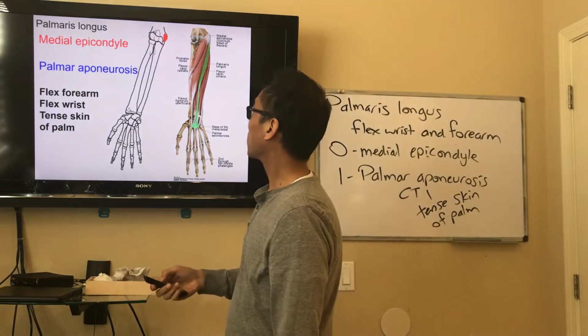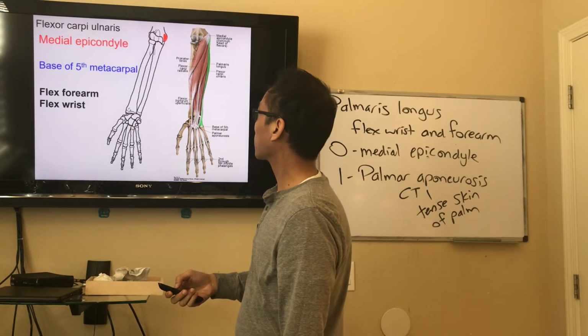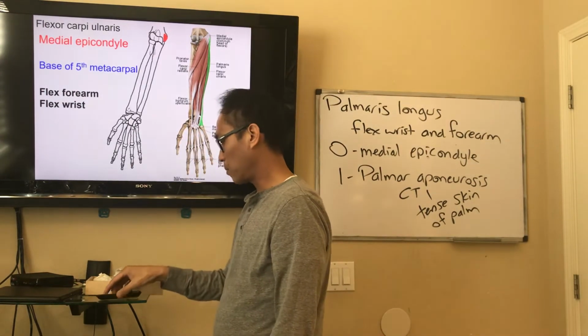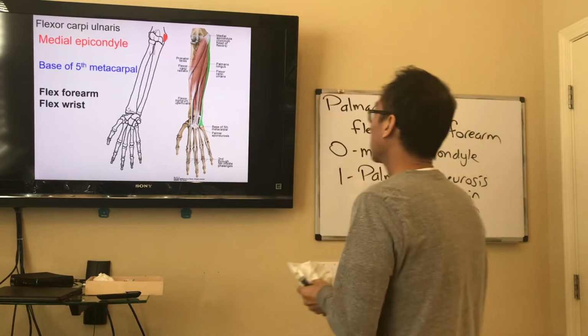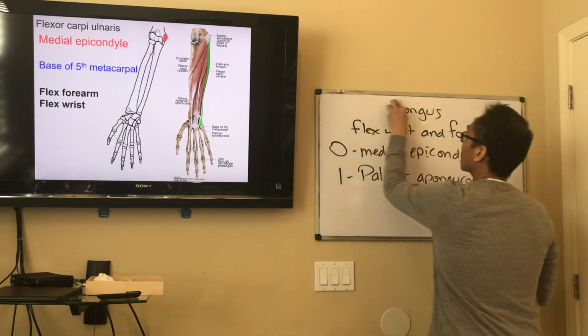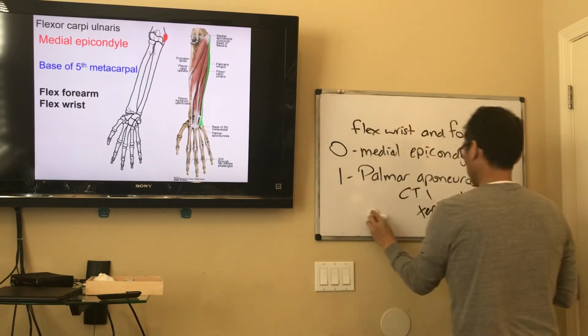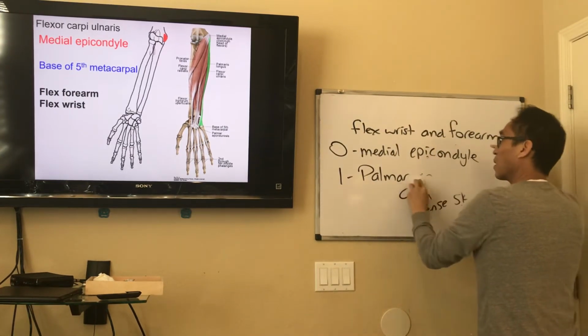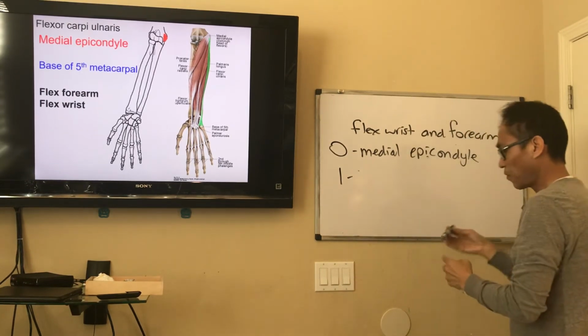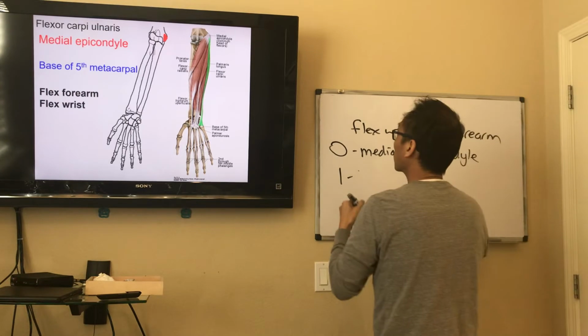Moving on, next muscle. Right next to it, you've got the Flexor Carpi Ulnaris. I'm going to leave these things because they're the same for Flexor Carpi Ulnaris.